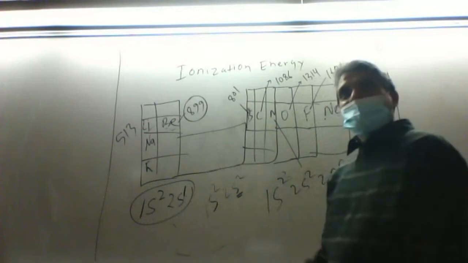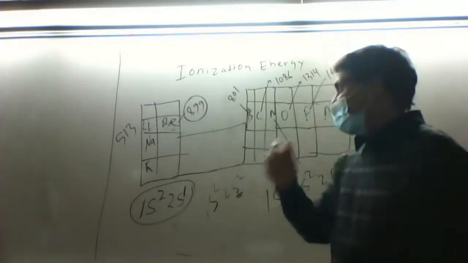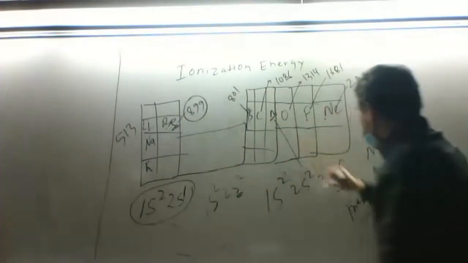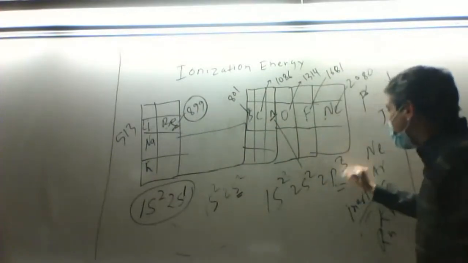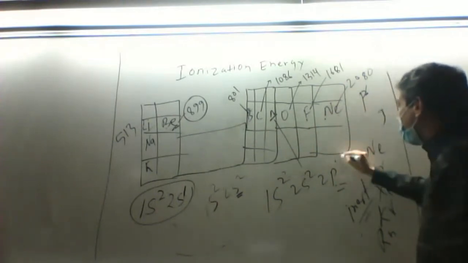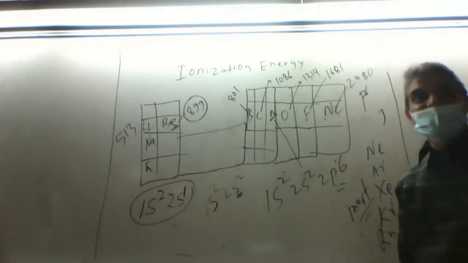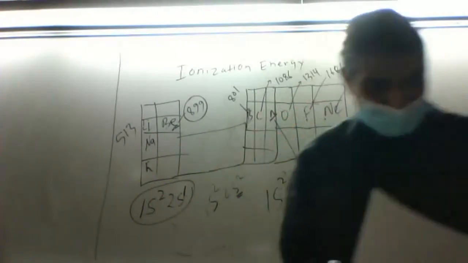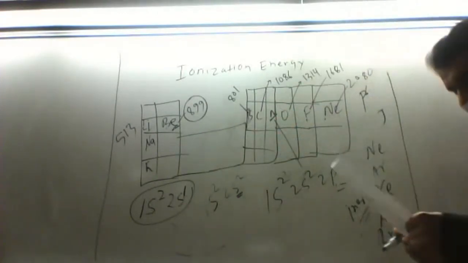Either look for half filled or full. In beryllium, we are looking at the fully filled. In nitrogen, we are looking at the half filled. And in neon also, we are looking at the fully filled 2p6. So those are the anomalies. They don't normally follow the trend.